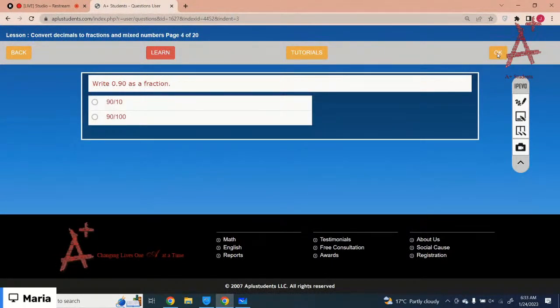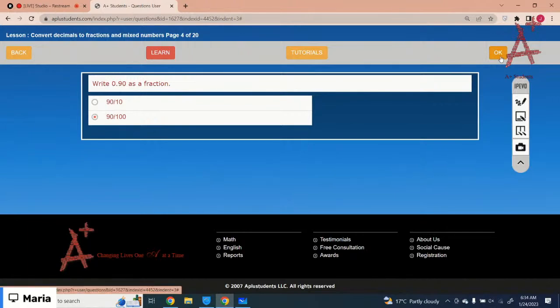So which is the correct option? Yes, it is 90 divided by 100.